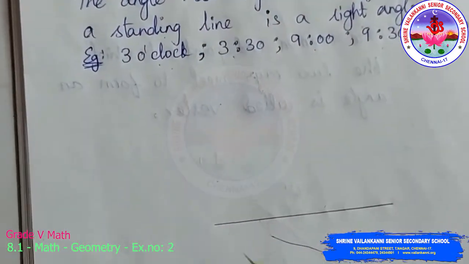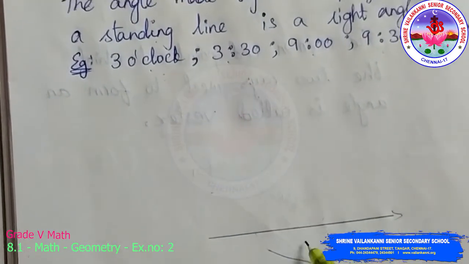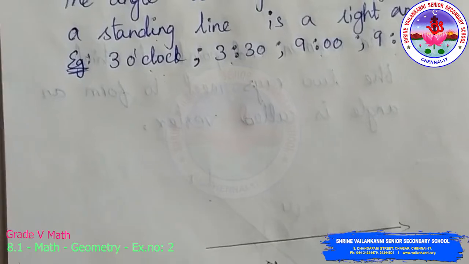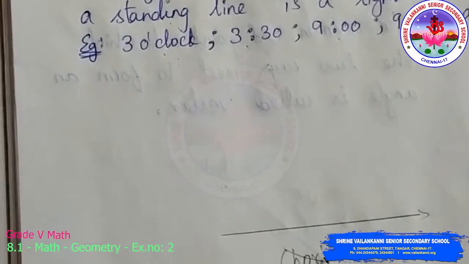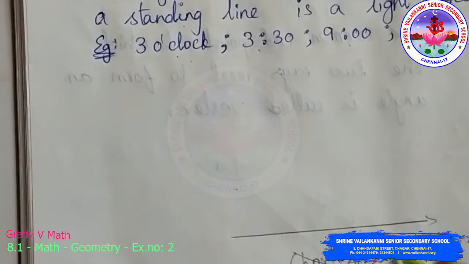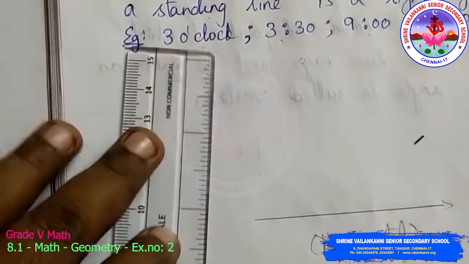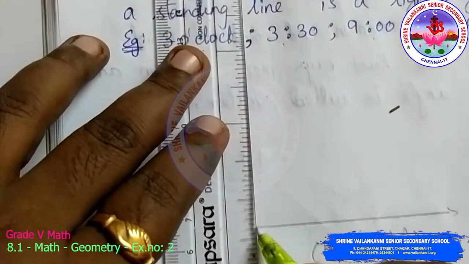This is a sleeping line, which is also said to be a horizontal line. With this, a standing line.